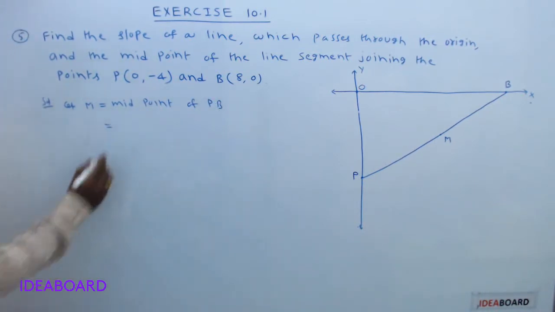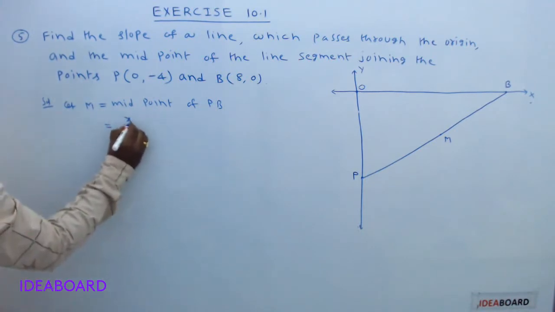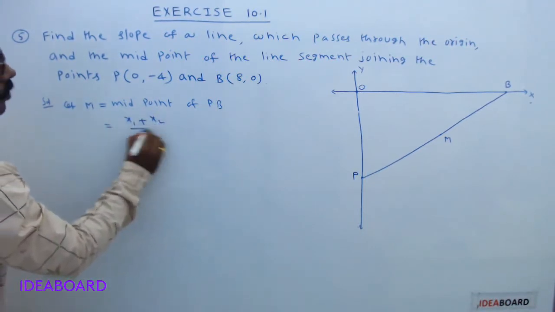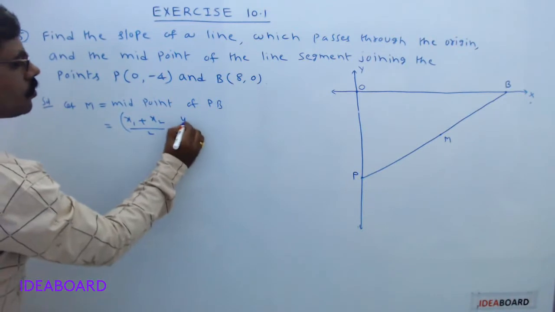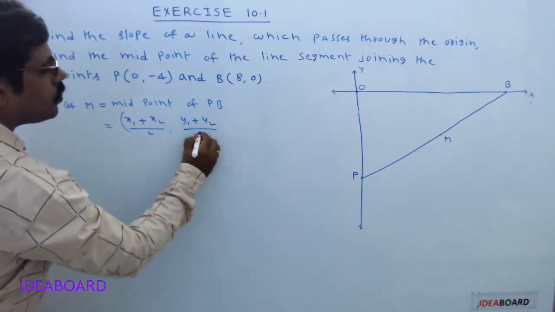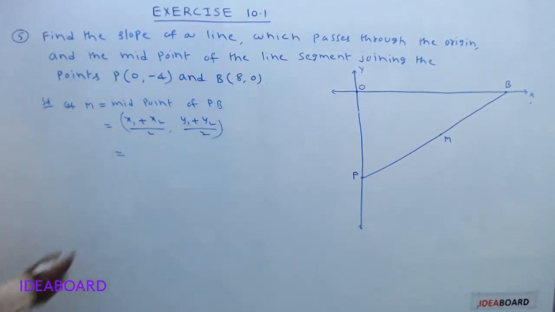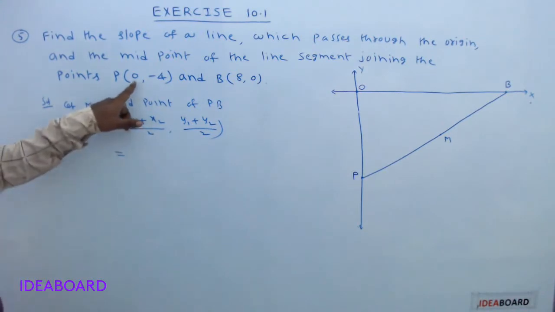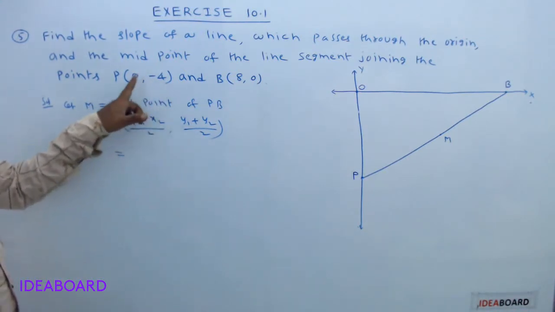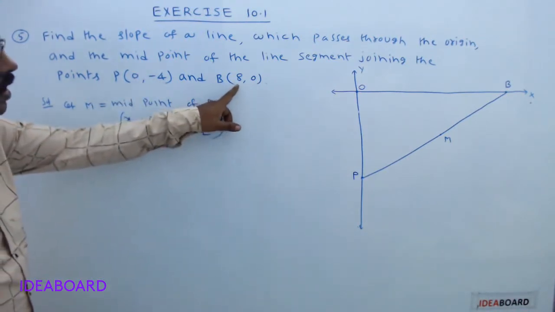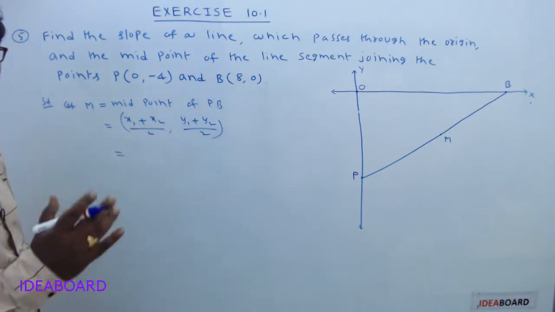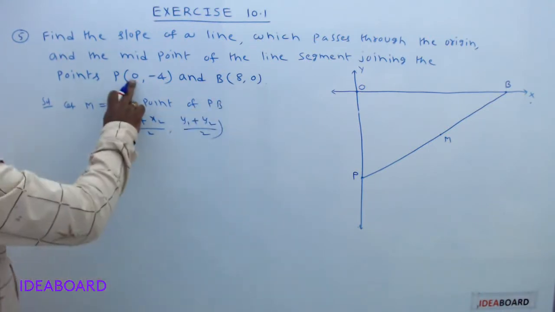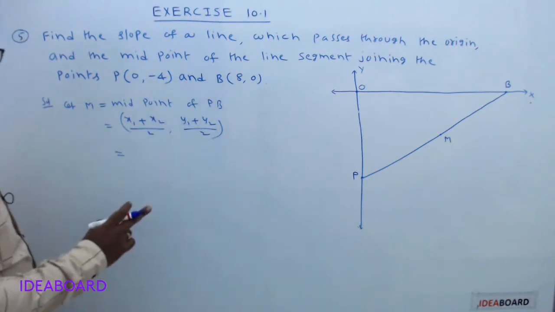What is the formula for midpoint? (x1 plus x2) divided by 2, (y1 plus y2) divided by 2. Now consider P point coordinates as x1, y1 and B point coordinates as x2, y2.